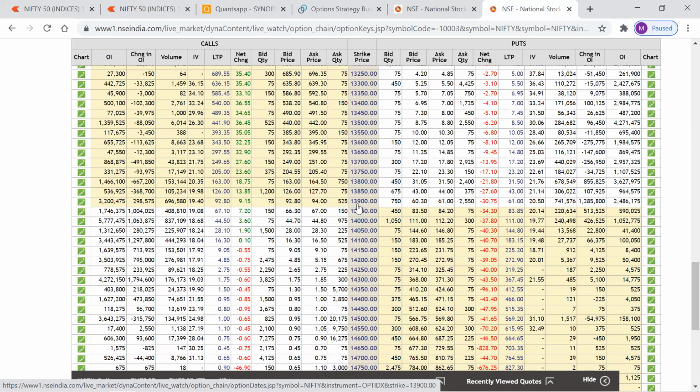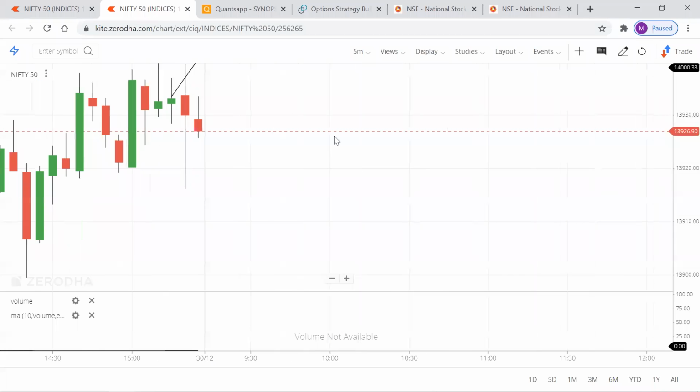In this example, 13,900 is the spot price, and 13,850, 800, 750, 700, 650, and 13,950, 14,000, 14,050, 14,100, all these are strike prices, and the price which is closer to the strike can be called the spot price.